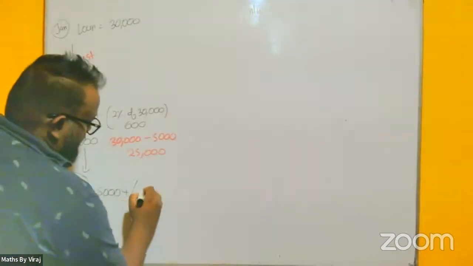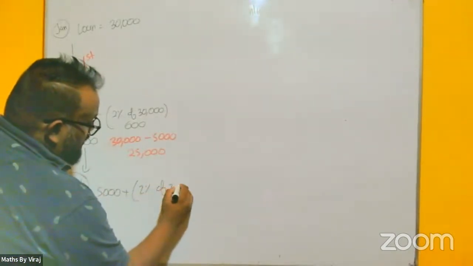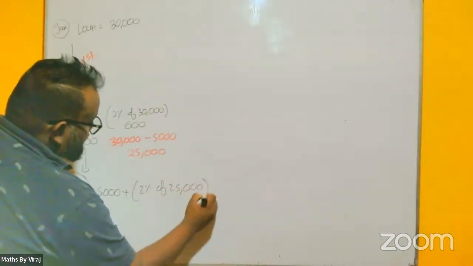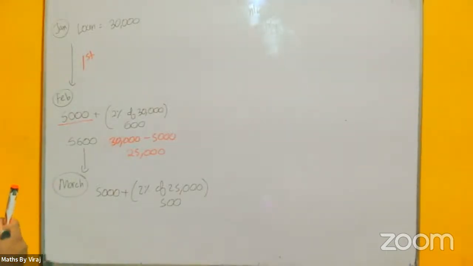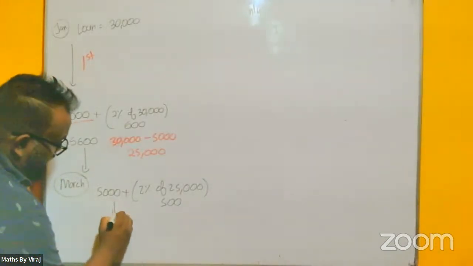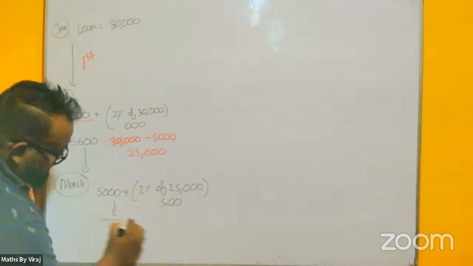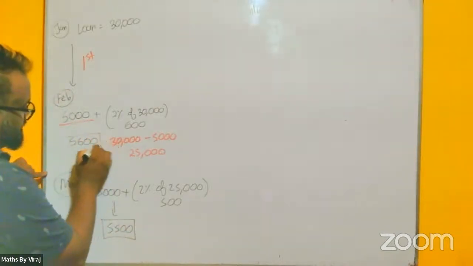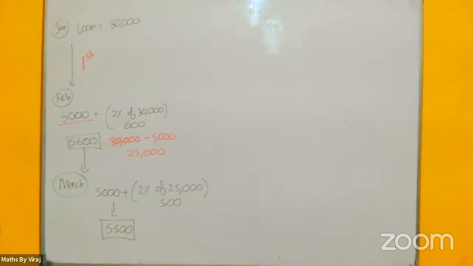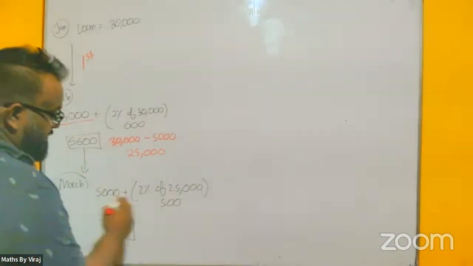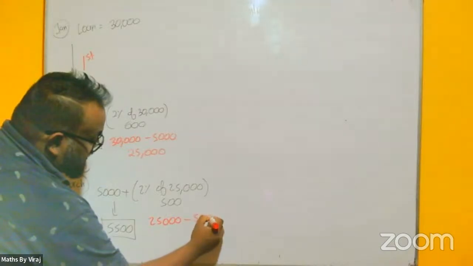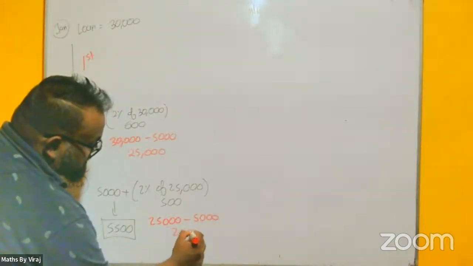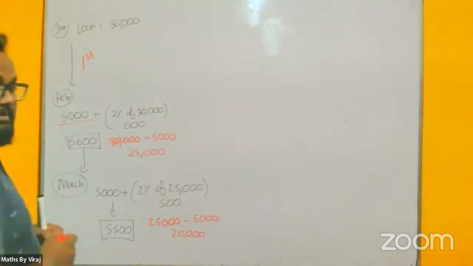That is 2% of 25,000, which is 500. Therefore, what is the total that is given? 5,500. Now, what is the total amount that is remaining? 25,000 minus 5,000. 20,000 is the amount that is remaining.